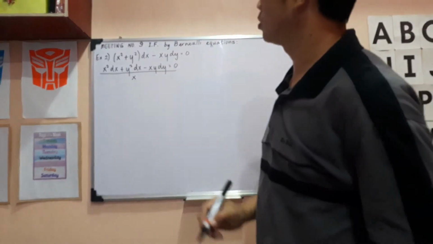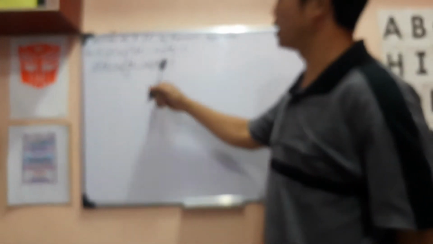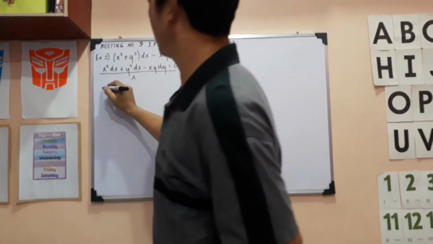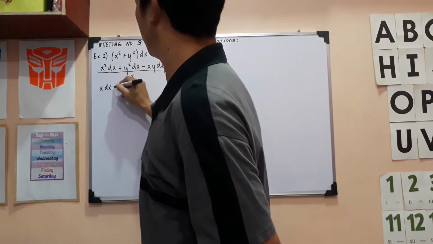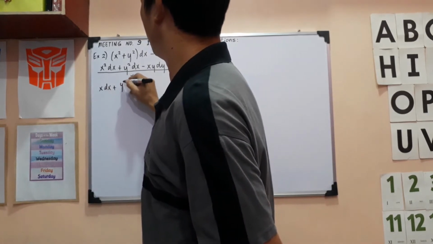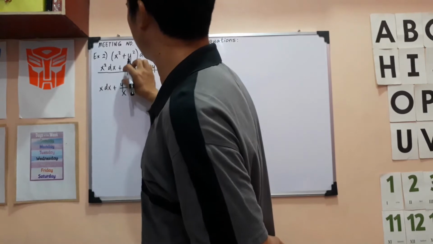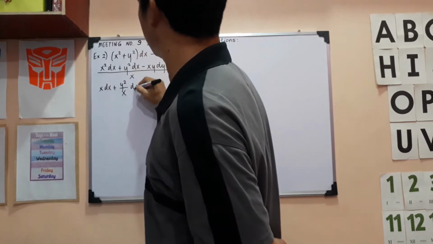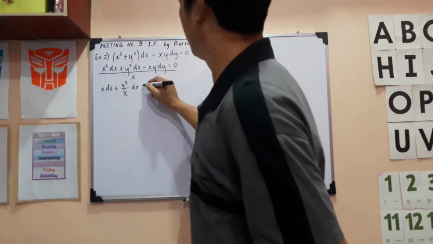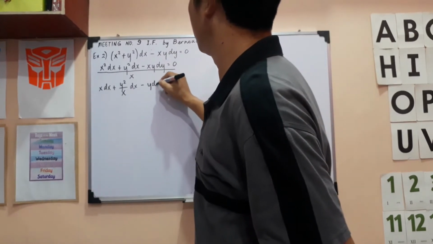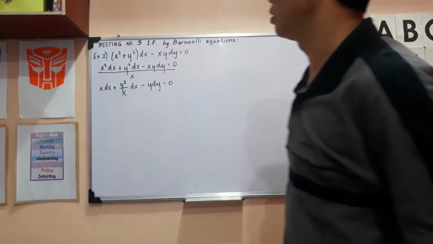Iisipin mo yun. So, yun din ay para mag y dy na siya. So, ang mangyayari dyan is x dx plus y squared over x dx and then minus y dy is equal to 0.